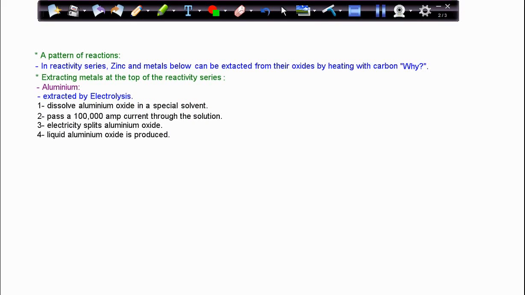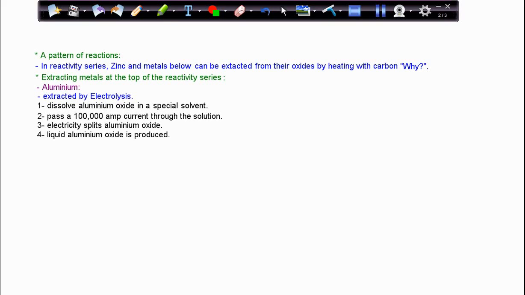We saw also a pattern in the reactions, and we said zinc and metals below can be extracted from their oxides by heating with carbon, because carbon is more reactive. It's above zinc and these other metals in the reactivity series. How can we extract metals at the top of the reactivity series, like aluminium, and sodium from sodium chloride?